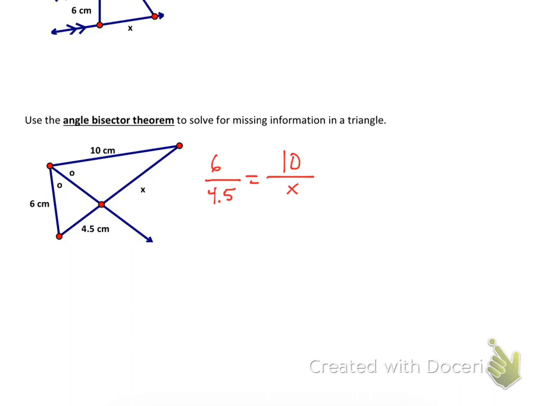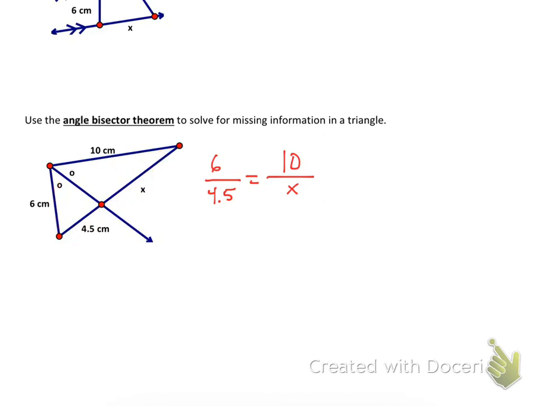The 6 right here is going to correspond, because that's the side length of our triangle. So this side of the triangle corresponds to this side of the triangle, the 10. And then this segment 4.5 corresponds to that segment x.